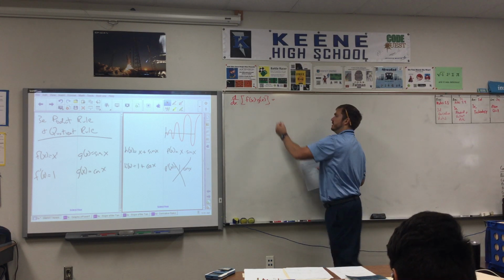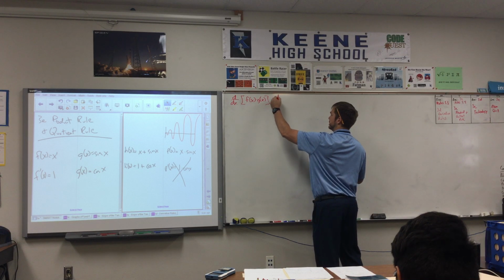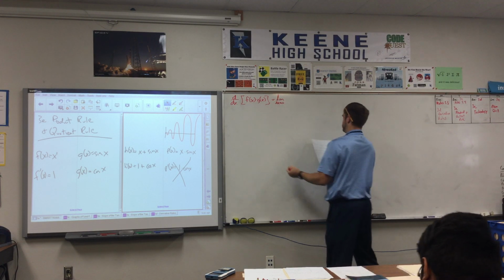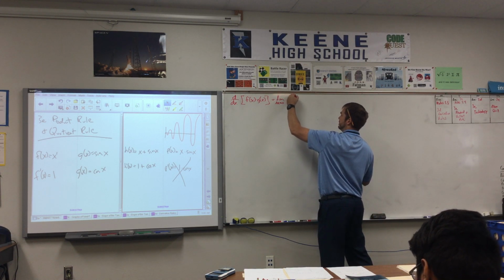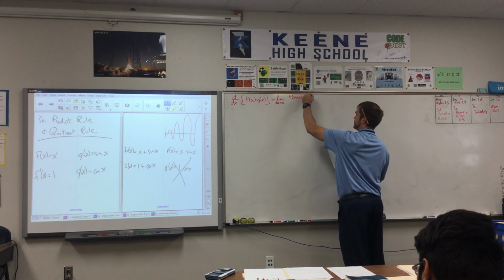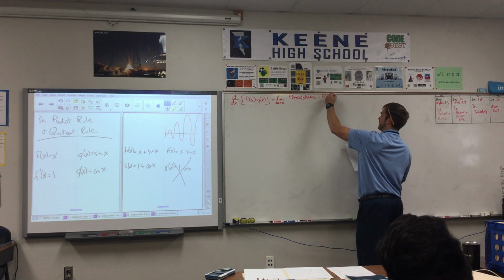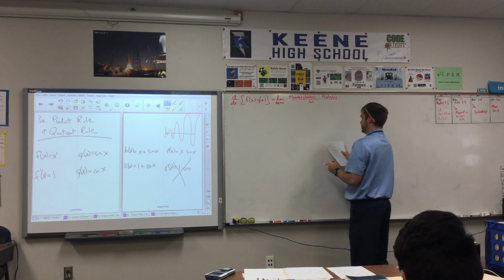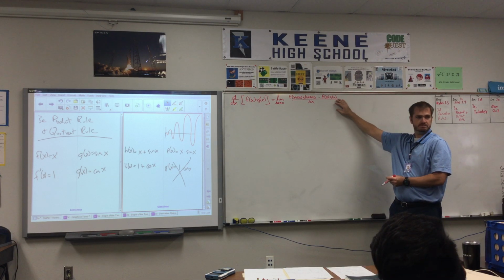And if you remember, the way that we take the derivative is the limit as delta x approaches 0 of all of this thing right here, so f of x plus delta x, g of x plus delta x, minus f of x, g of x, all over delta x. Are you all in agreement?